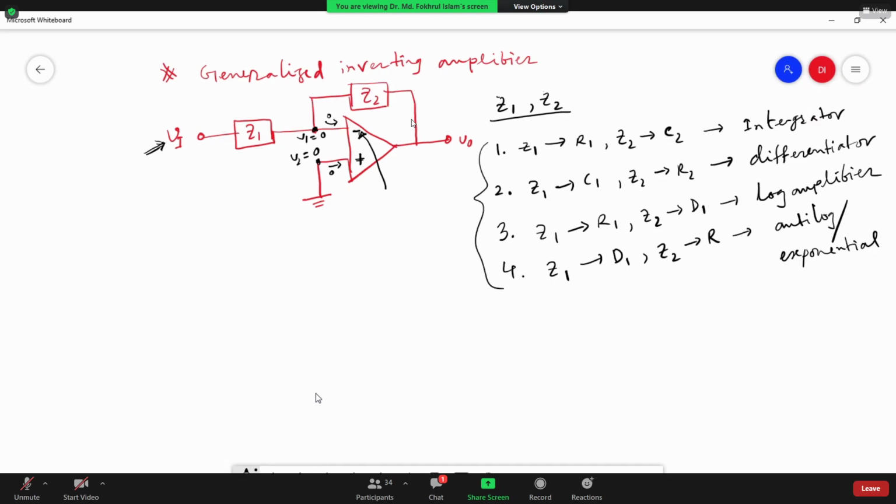Another special type of op-amp use, another application, is current to voltage and voltage to current converter.